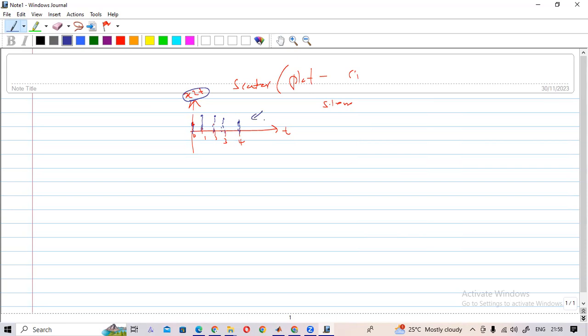This is the exact way to draw a discrete time signal, so you can use the stem command for that.